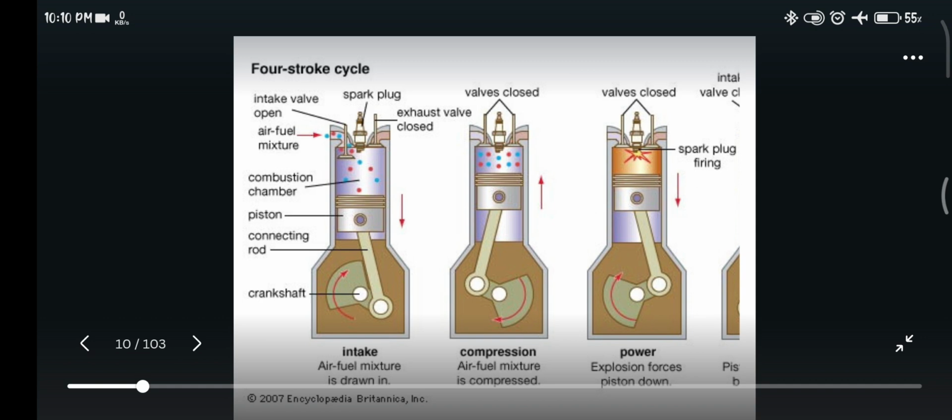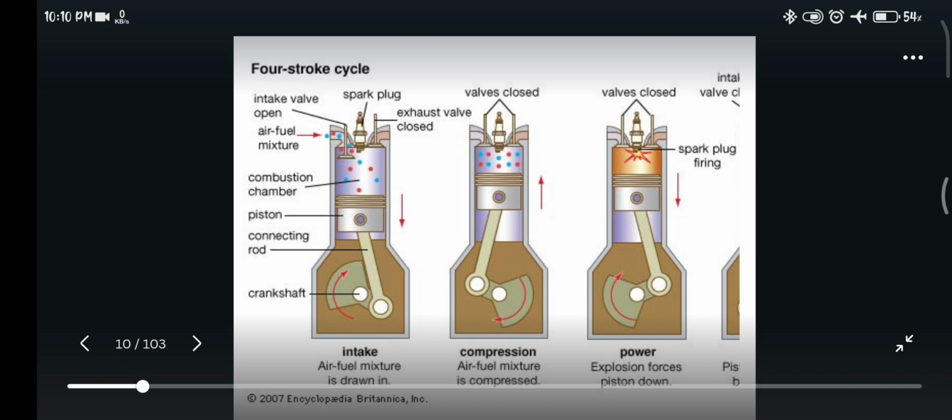Second, compression: valve closed, piston moves from BDC to TDC for compression purpose. Air fuel mixture is compressed. Then third, power stroke.